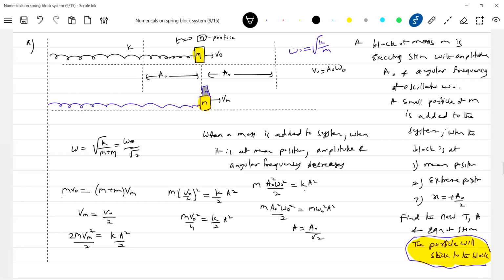This is the conclusion. If I add the mass at the extreme, it's a possibility as well, no?